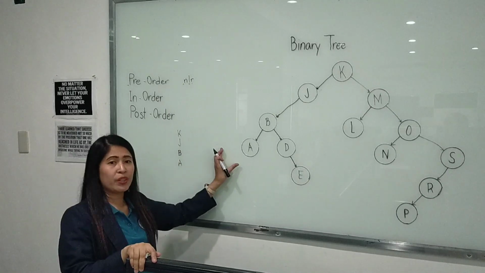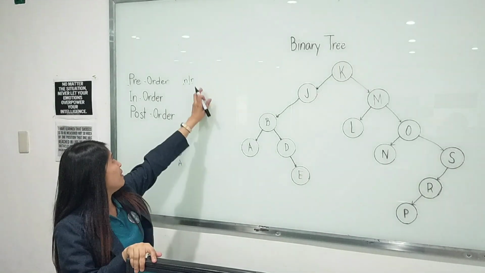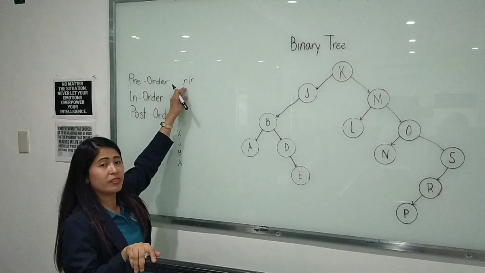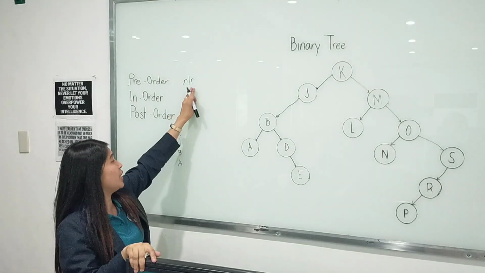Then after that, we will just always follow the policy of the pre-order. So we will just visit the node, the left subtree, and the right subtree.